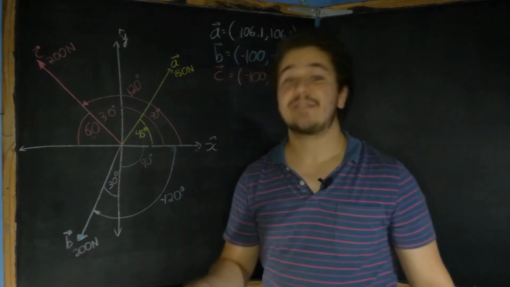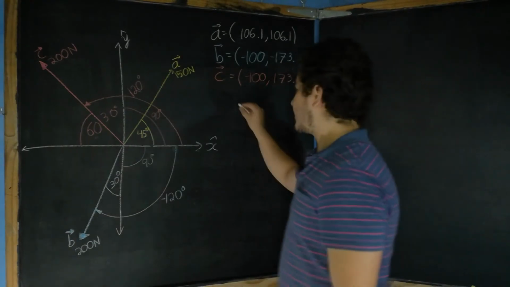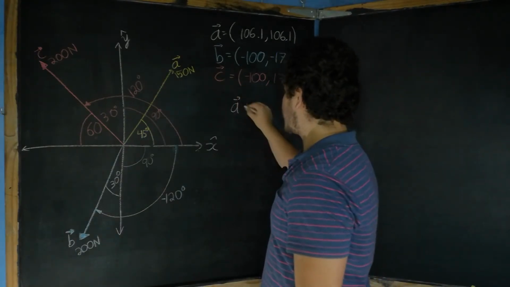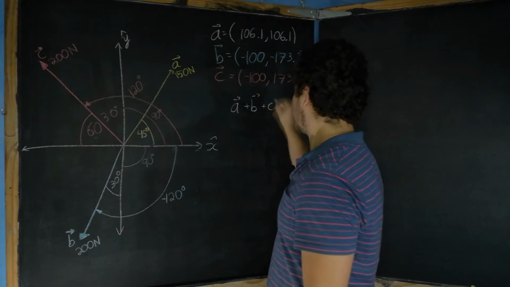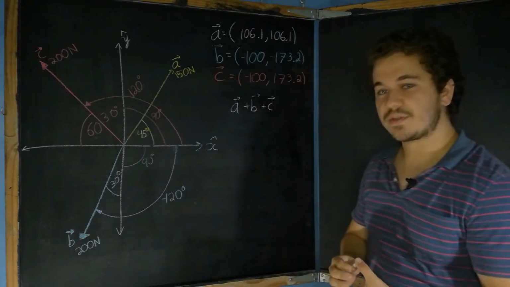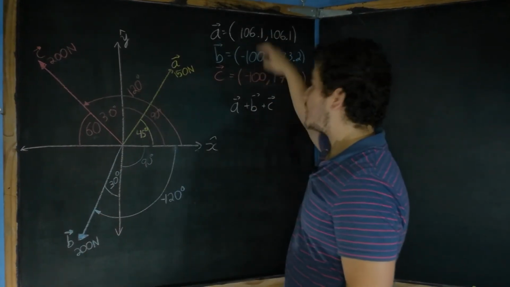To now calculate the resultant vector, let's say we want to find out a plus b plus c. The only thing we need to do is actually just add up the three components of the vector.